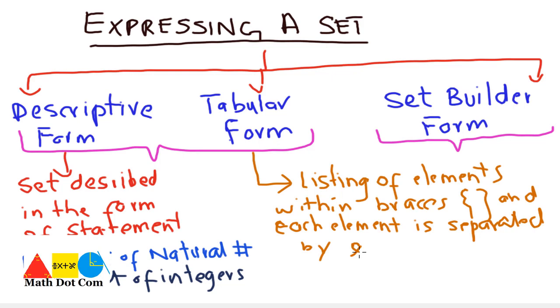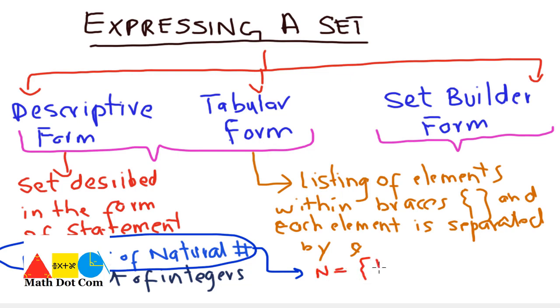For example, if we write this descriptive form in tabular form, it will be written as N is equal to {1, 2, 3, and so on}.